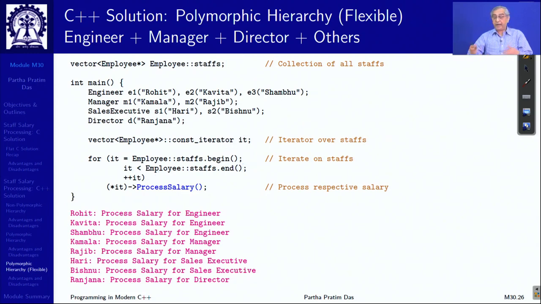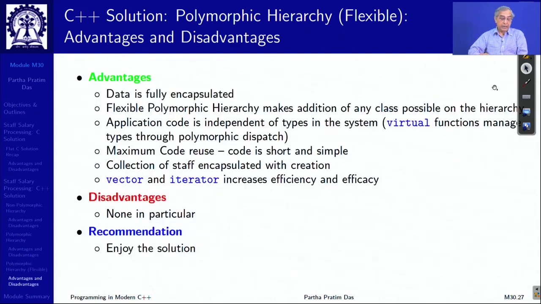Absolutely compact. Now, this part of the main application function does not depend on the classes, instances or anything, they are just generic, and I can freely keep on adding classes as I want, and I have everything that I am actually looking for. Data is fully encapsulated, flexible polymorphic hierarchy, where free addition of any class is possible at any stage of the hierarchy.